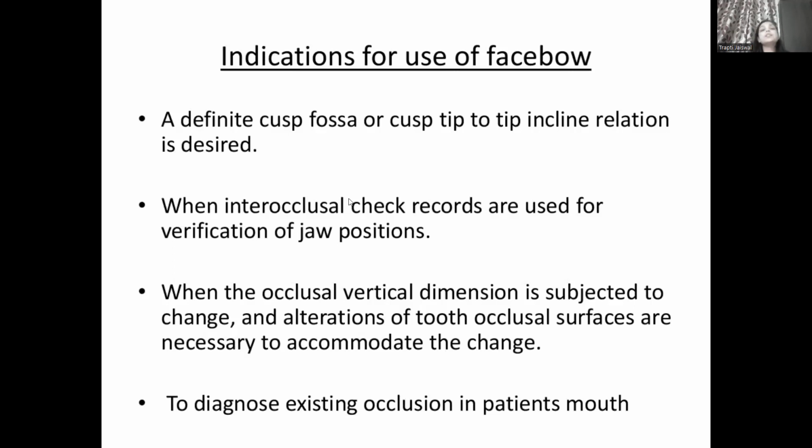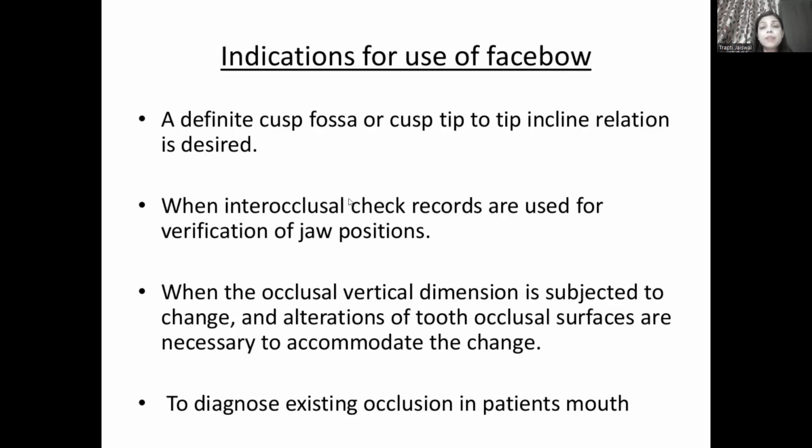So what are the indications for the use of a facebow? When a definite cusp to fossa or cusp tip to tip inclined relationship is desired, we use the facebow. If we are not using the facebow for recording the orientation jaw relation, what issues can occur?